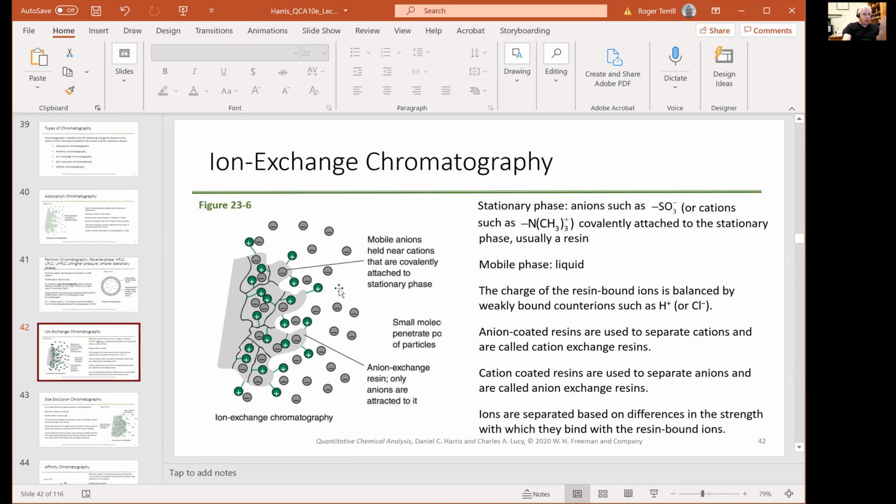But there'll also be solute or analyte anions, because in this case, the analyte is an anion. The anion can bind to the quaternary ammonium sites, and the relative strength of that binding interaction will determine the rate of migration of that anion through the column.